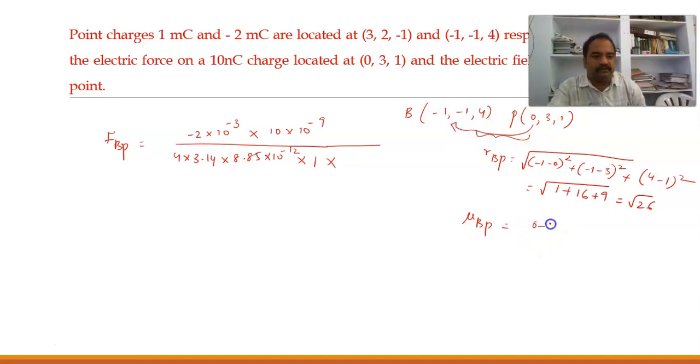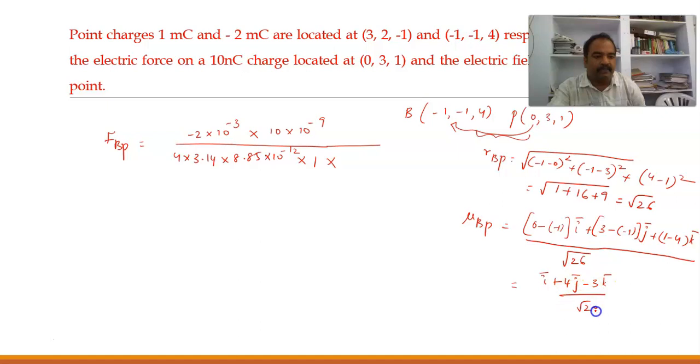So it is 0 minus of minus 1 into i bar plus 3 minus of minus 1 into j bar plus 1 minus 4 into k bar. Whatever the magnitude, again you will be getting the same 26. You can do square root of 1 square plus 4 square plus 3 square, again you will be getting the same value. So it is i bar plus 4j bar minus 3k bar by root 26.